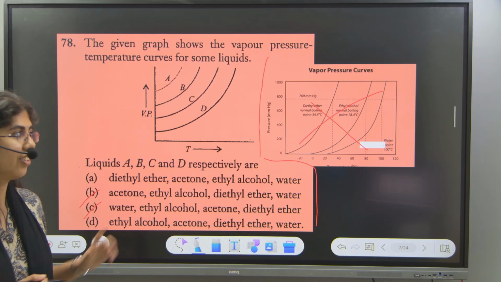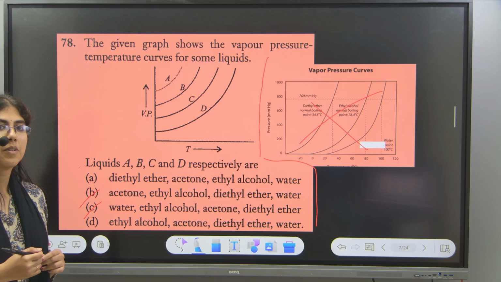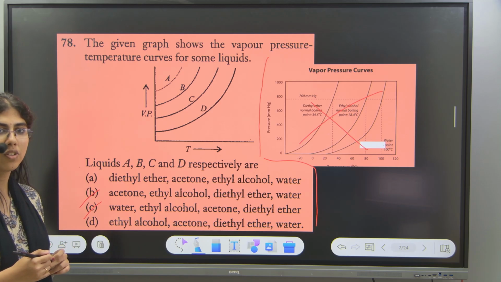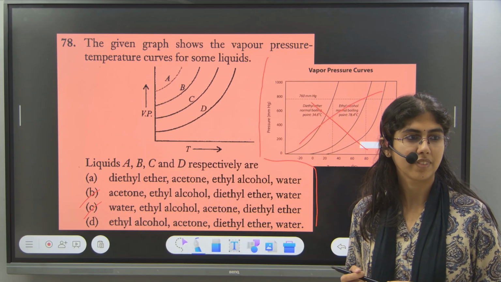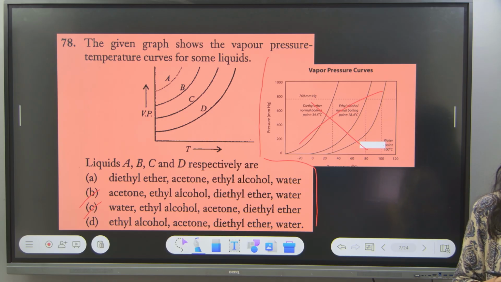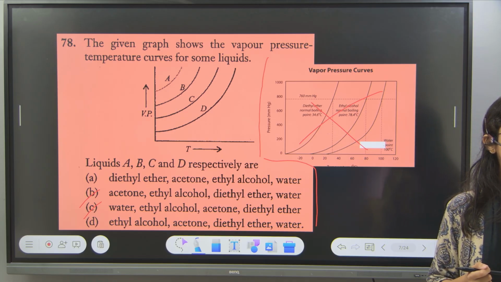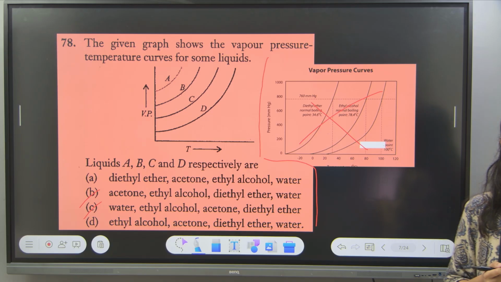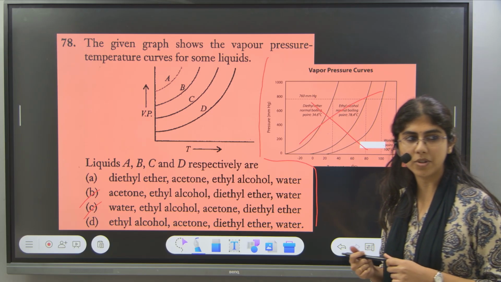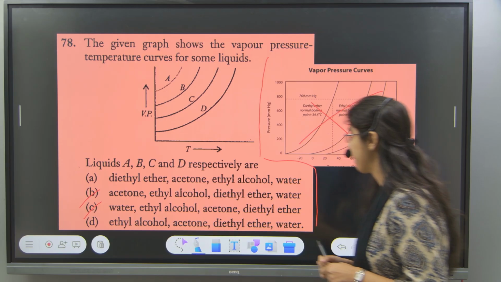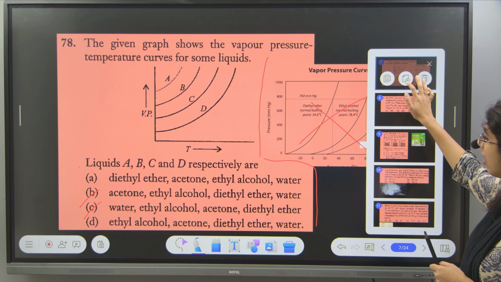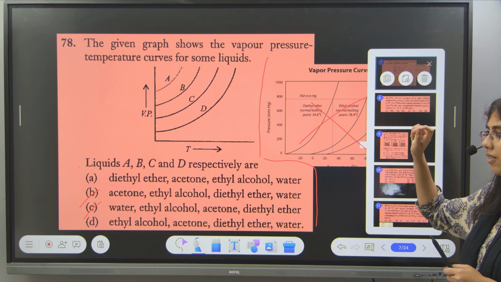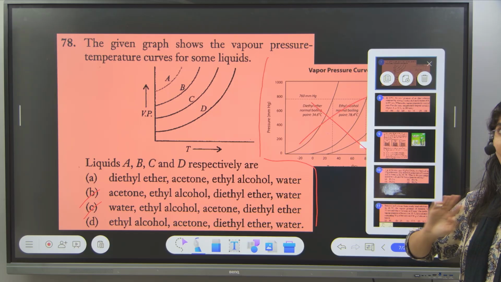Option C. Okay, fine. You are going with option C. So here we have a concept. If you're choosing option B and C, you're wrong.